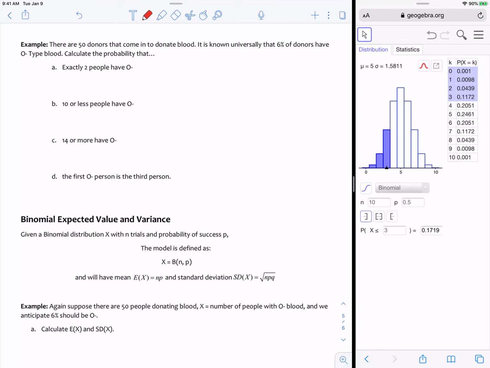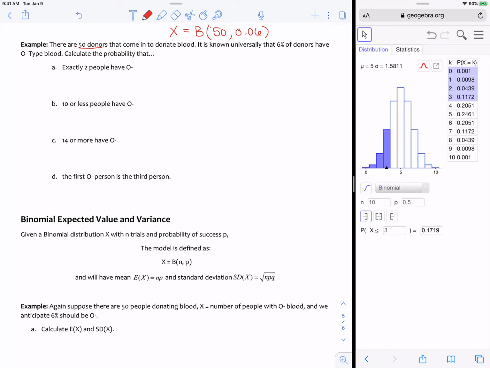So we're going to assume binomial, which means our variable x, the number of donors out of 50 who have O negative blood, is distributed binomially, with inputs n, our sample size, the number of donors, which is 50, and the probability of success, the probability that any one of those donors has O negative blood, 0.06.